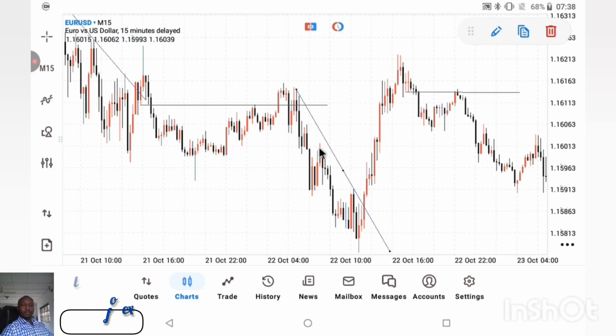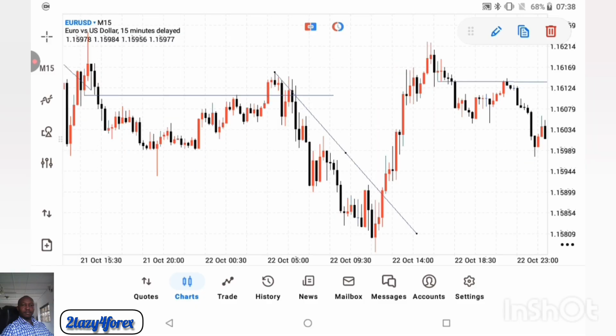You bring out your trend line from that same spot. If this is the highest black candle here, if you put your trend line on this black candle, let me expand it so you see what I'm saying, this is the highest black candle. If you put your trend line on it to the next black candle, extend it, it is still okay, but you are going to miss all these movements.